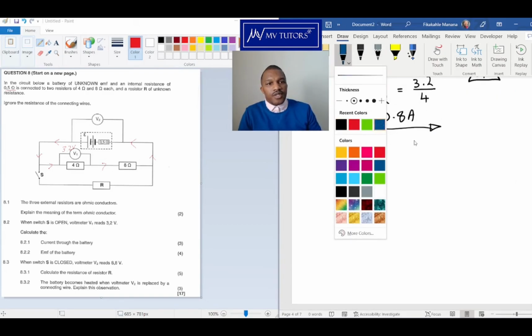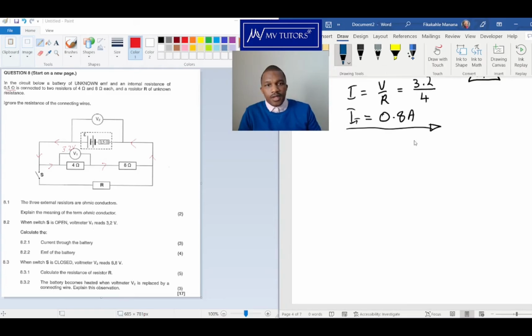Let's go blue this time. So now this is question 8.2.2. The EMF formula, if you check your formula sheet, is given by current times resistance, because remember EMF is like voltage, so it's like saying voltage is equal to current times resistance. But here EMF has to do with the battery.